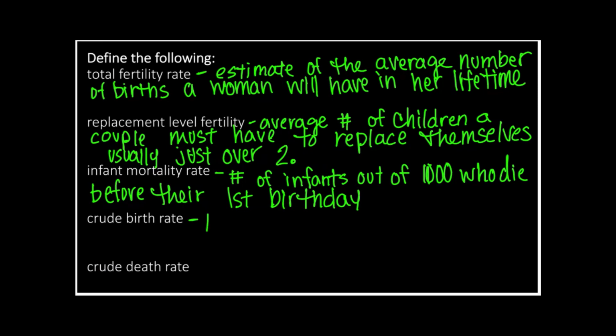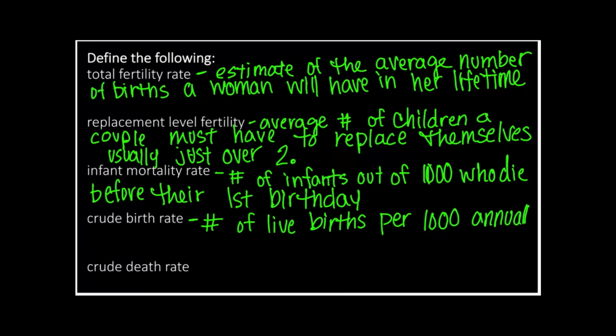The crude birth rate is the number of live births per 1,000 annually in a population. Again, this is different per country. Your crude birth rate in China is going to be different than in Nigeria.